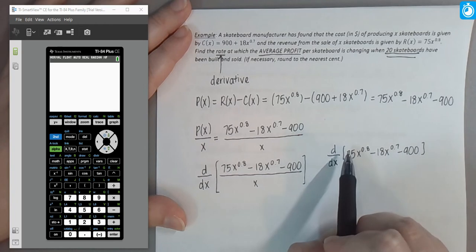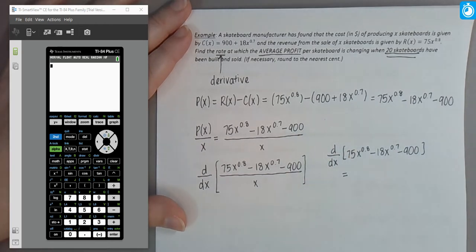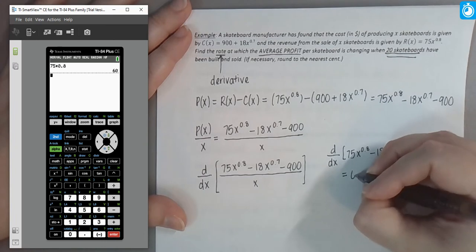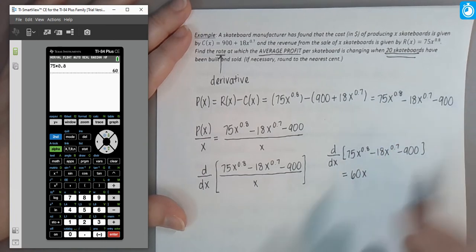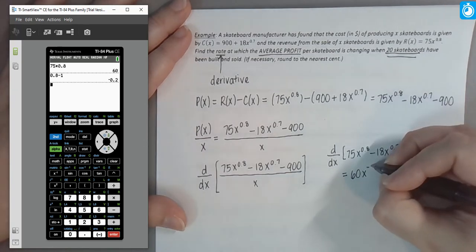So bring down your exponent, multiply it by the coefficient. So let's see what that's going to be. So 75 times 0.8, it's going to be a coefficient of 60. So 60 times x to the 0.8 minus 1.